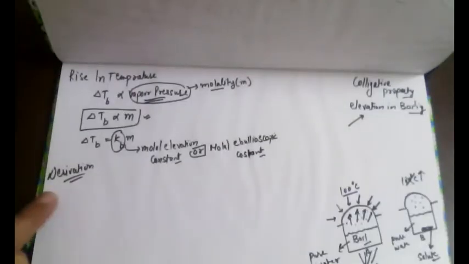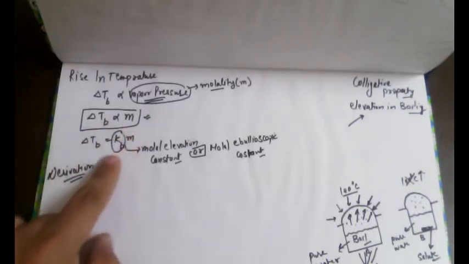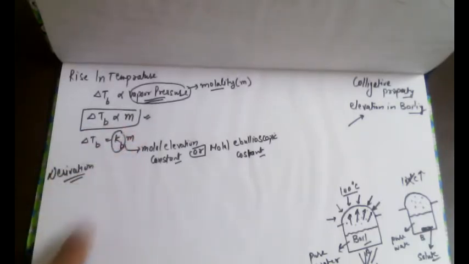Next we have the derivation of this equation, how we can derive it. It has been pointed out above that the rise in boiling point temperature is directly proportional to the decrease in vapor pressure.